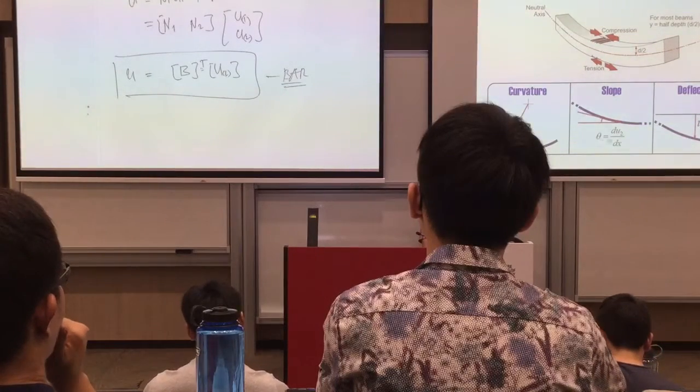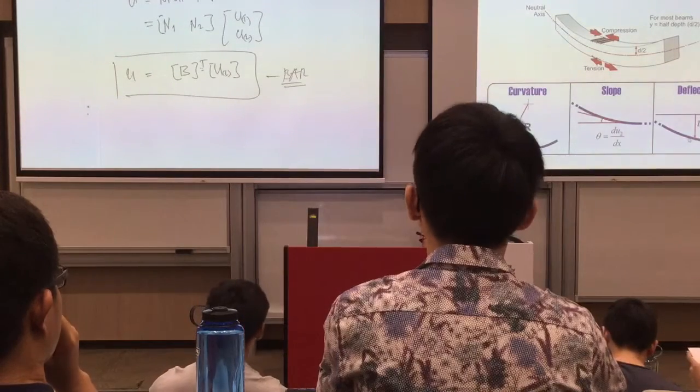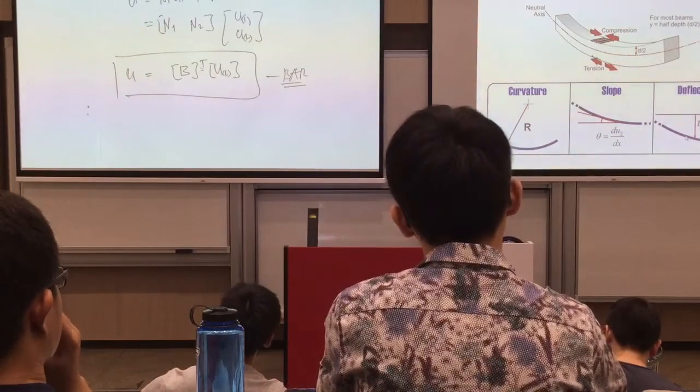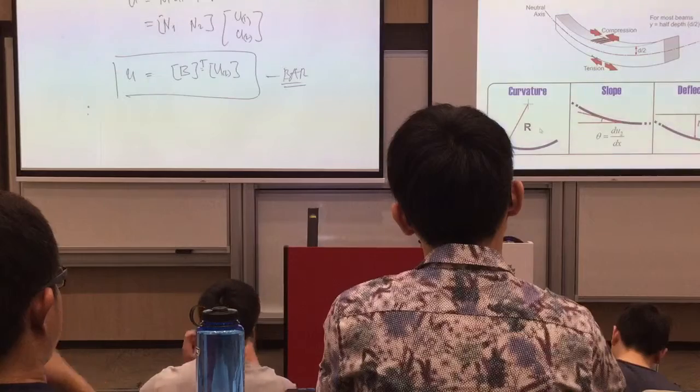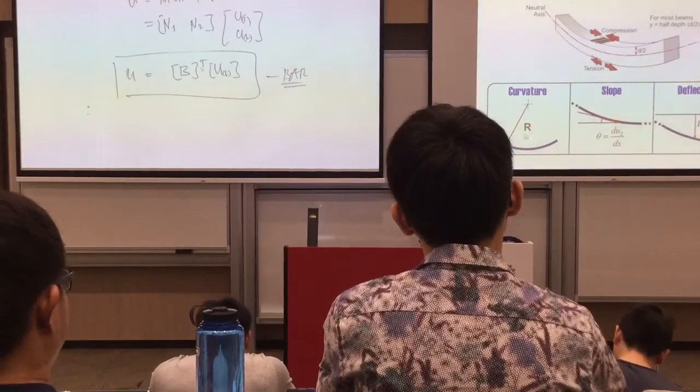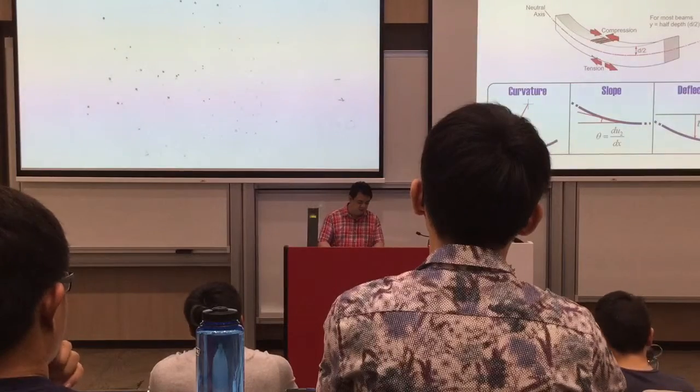You have your slope, which is this one here, and then you have your deflection. So no worries about this one. This is just some figures here. I'm just saying that this is the curvature, that is the radius, and the inverse of the radius will be your curvature. Here I'm just trying to present a few concepts.